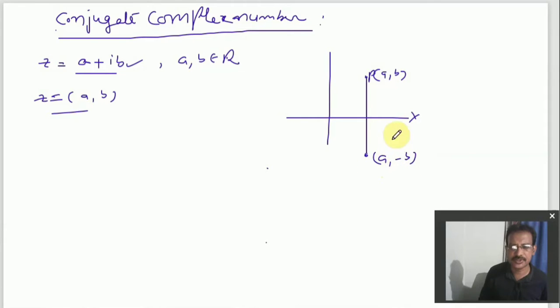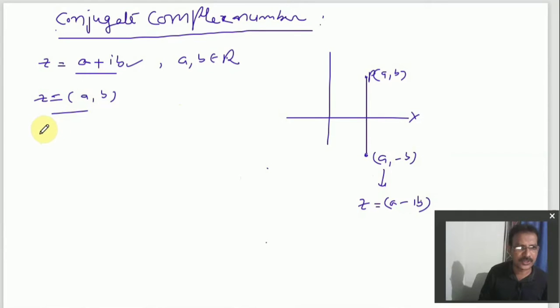It is the conjugate. So if z is equal to a plus ib, its conjugate is a minus ib, because the corresponding complex number of (a, minus b) is a minus ib.